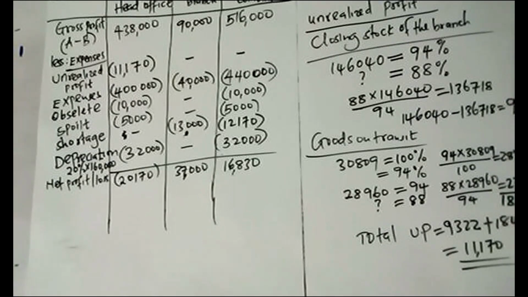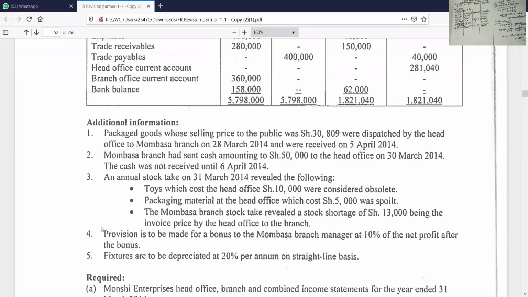Now remember that before we transfer the branch profit to the head office, there was a bonus which was made to the manager of the branch. Note 4 says provision is made for a bonus to the Mombasa branch manager at 10% of the net profit after, very major here, after the bonus.